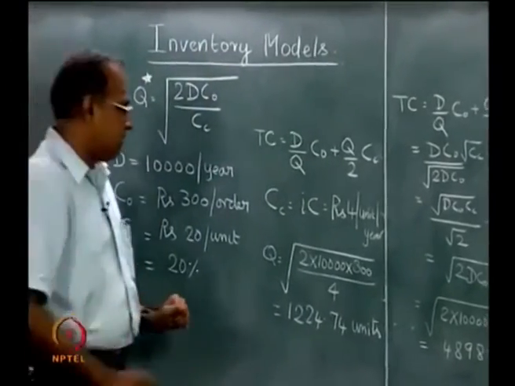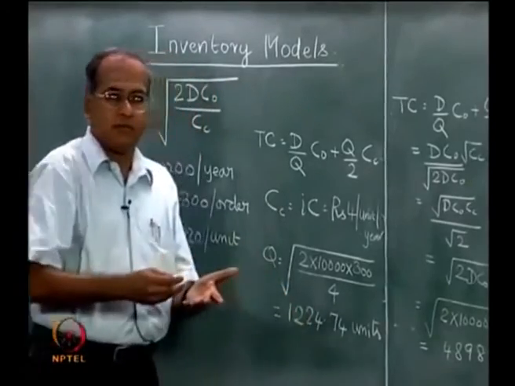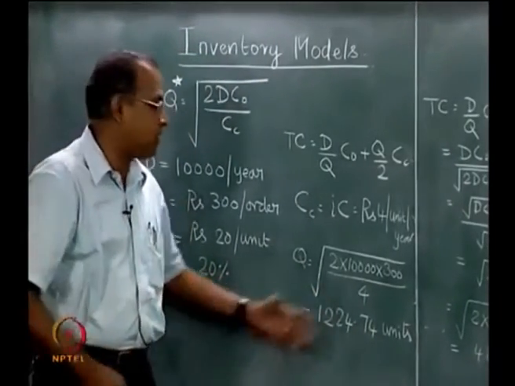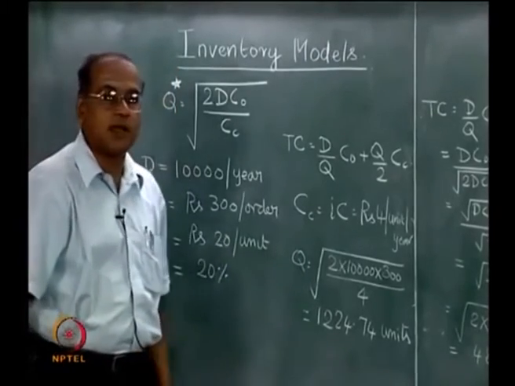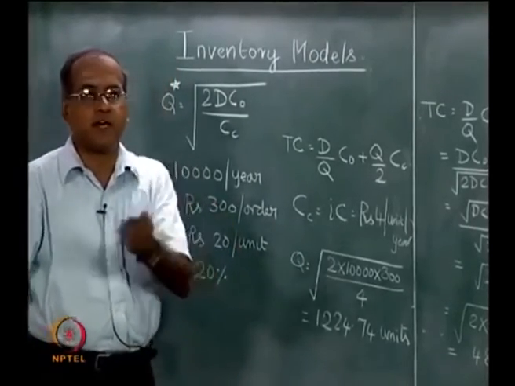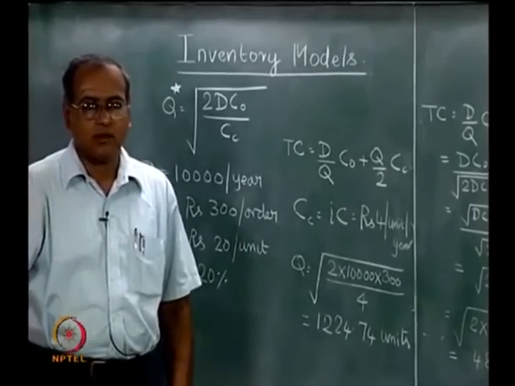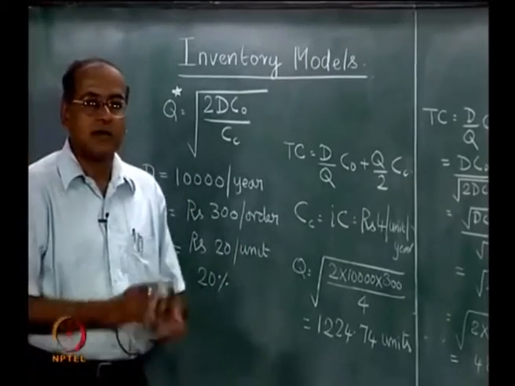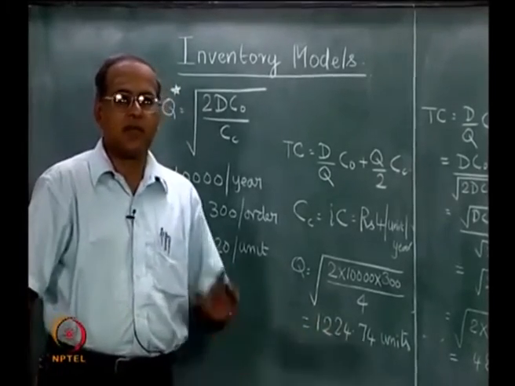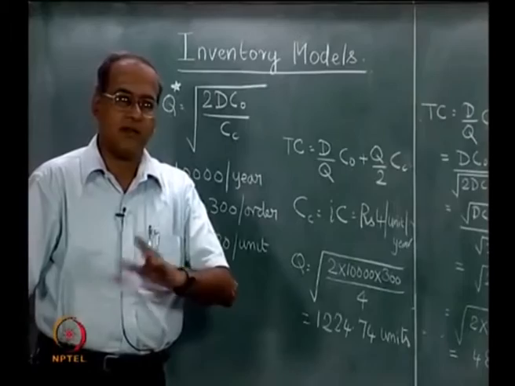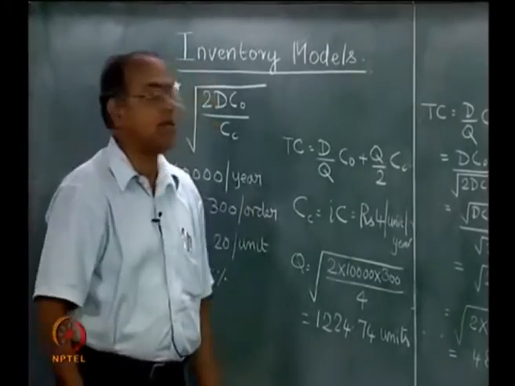Then comes the next question. Can my vendor supply 1225? Suppose my vendor is willing to supply only in multiples of 100, then I may have to consider 1200 or I may have to consider 1300, whichever is minimum.